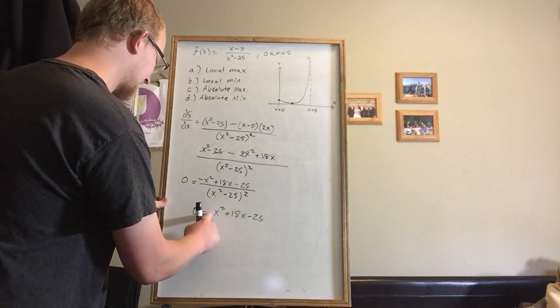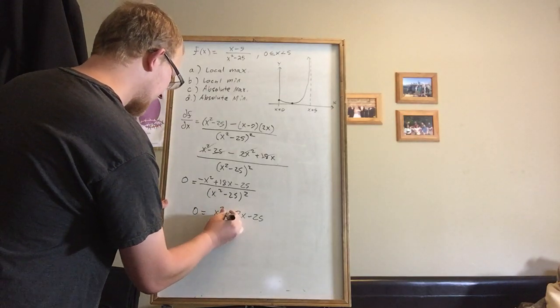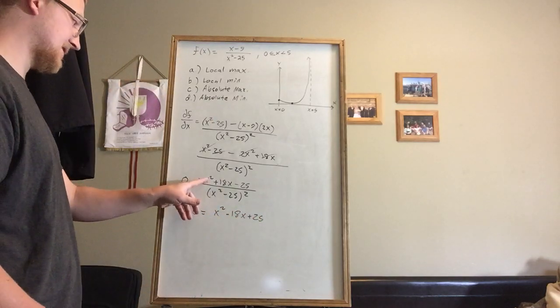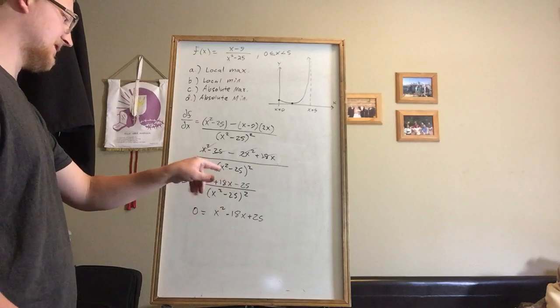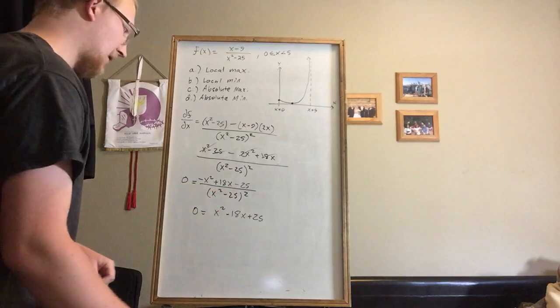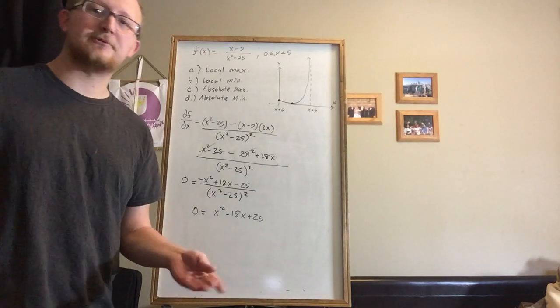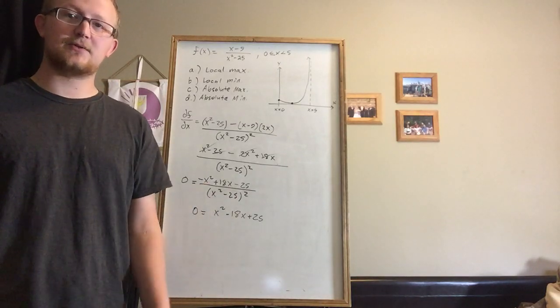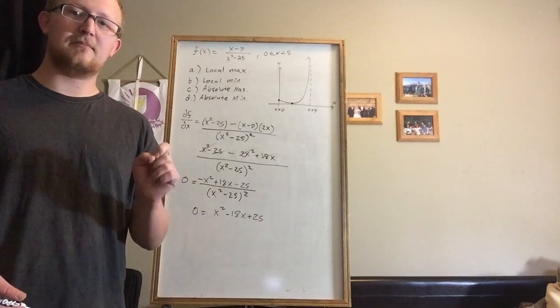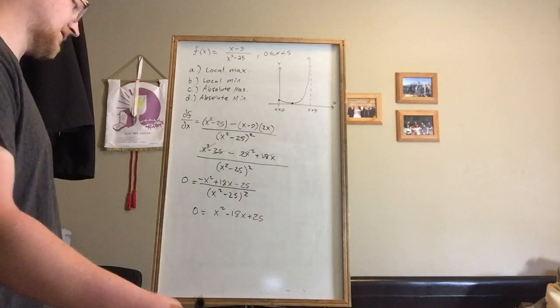So I attempted to factor, multiplied everything by minus 1, so my minus x squared became positive x squared, my positive 18x became minus 18x, my negative 25 became positive 25, and I realized pretty quickly I wasn't going to be able to factor this one, and this is the point in the problem where I realized that this was really going to be a pain. So we're going to use the quadratic formula.